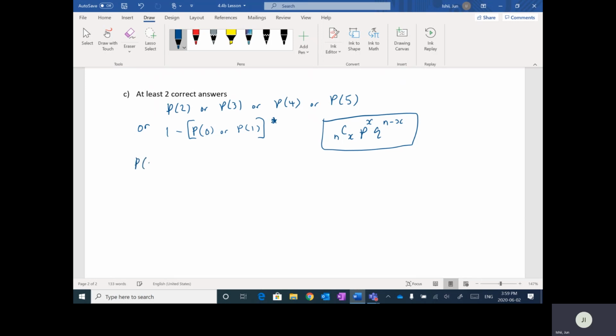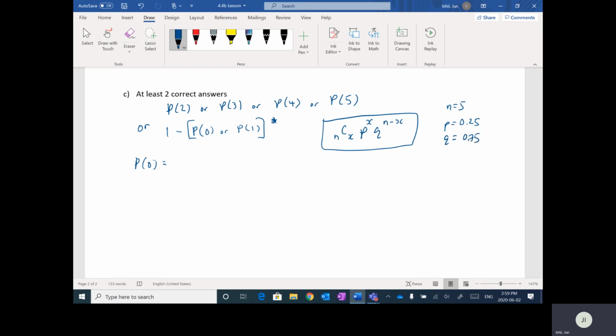I'm going to do these separately. The probability of getting none right: n was 5, p is 0.25, the probability of getting a question right. And q, which is the probability of getting the question wrong, is 0.75.